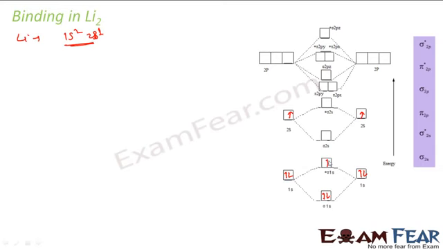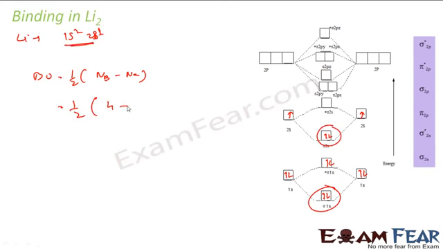Put the 4 electrons. 2 electrons, both will be here. Let's write the bond order. 1 by 2 into n bonding minus n antibonding. How many bonding? This and this. So 4. Antibonding, the remaining one, 2. You get 1. That means it is a single bond. Correct? It is stable. And what about the magnetism? It is paramagnetic or diamagnetic. You see, there is no unpaired electron. So it is diamagnetic.